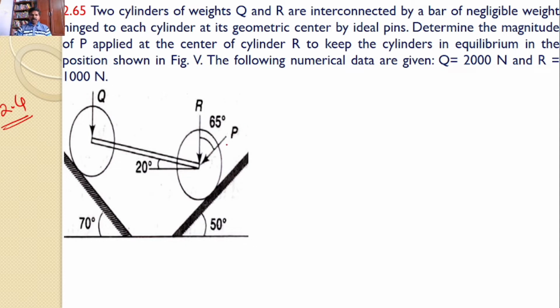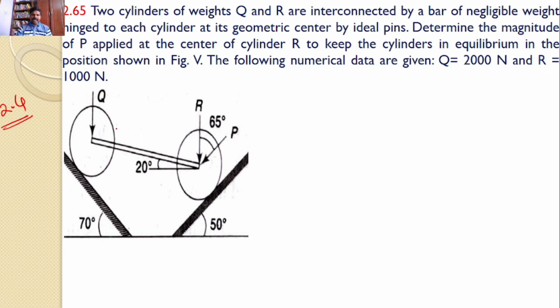That means there are two cylinders R and Q connected by a negligible weight bar. Now our interest is to find how much force we need to apply so that the total system is under equilibrium.